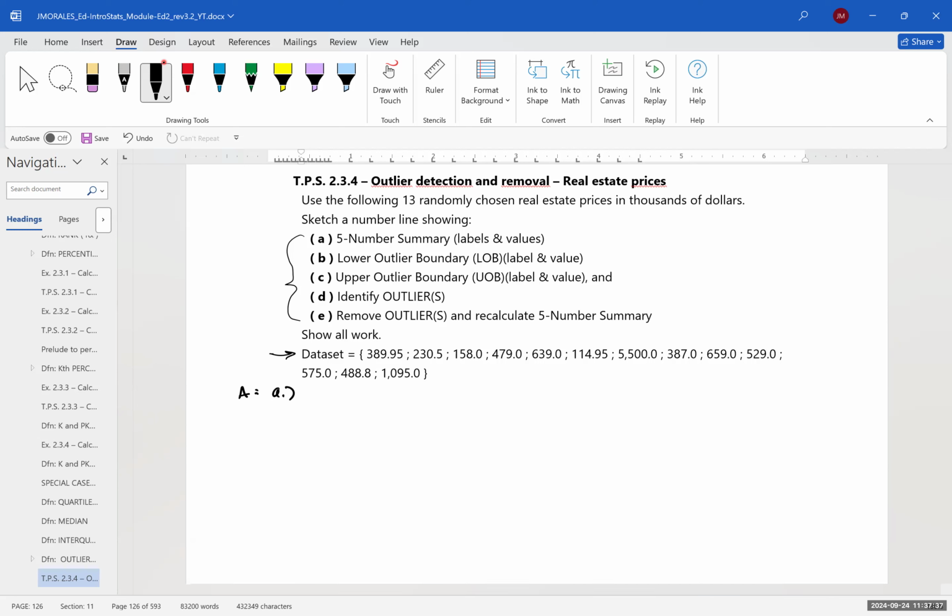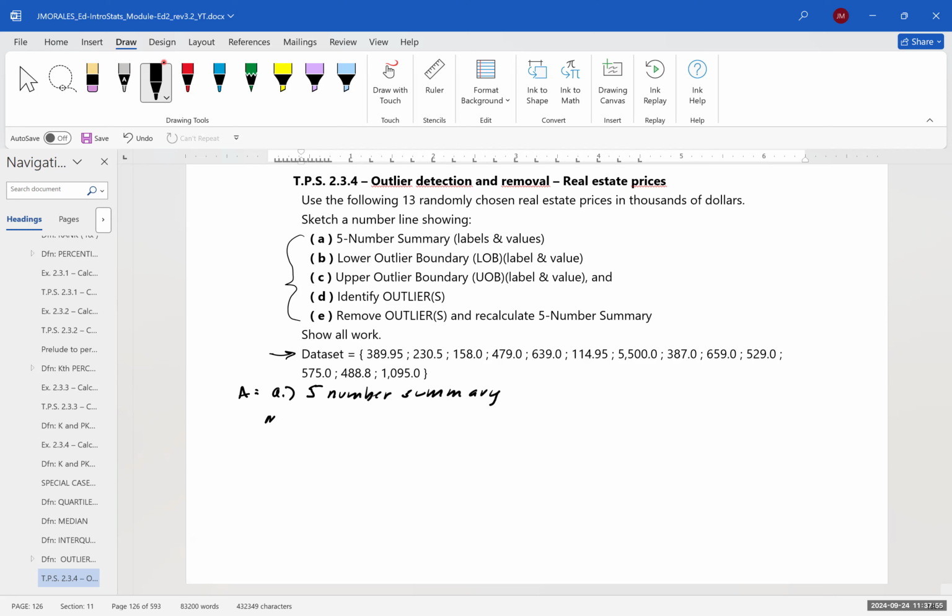So part A is we need a five number summary. And so we just need to enter these values into the calculator and use that to get our five number summary.